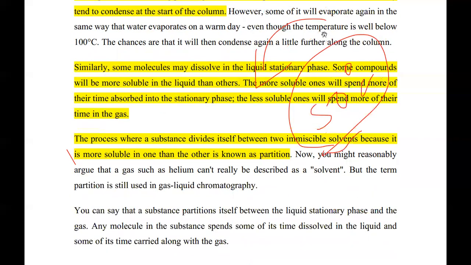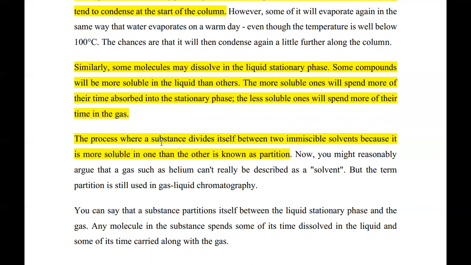So we're saying, I hope I'm not too fast, the process where a substance divides itself between two immiscible solvents because it is more soluble in one than the other is known as partition. Wow, we've started learning now.